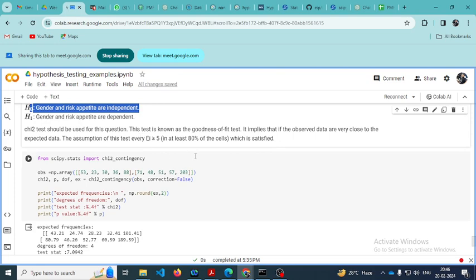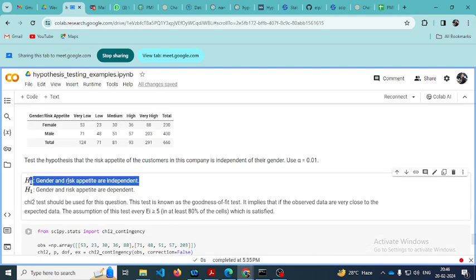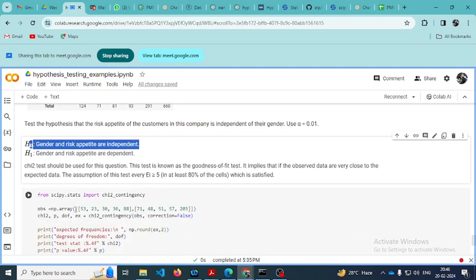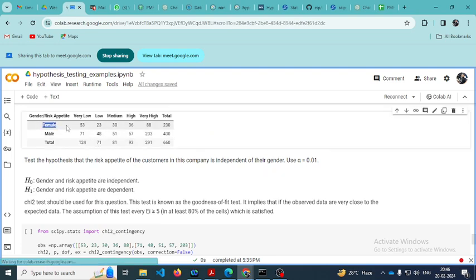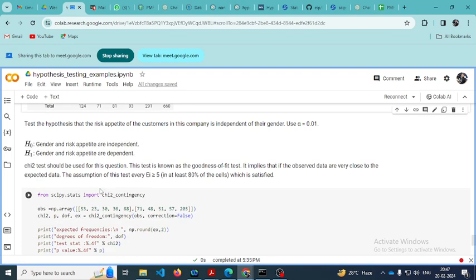So this is to test goodness of fit. You are having values from observation, for example for gender female, you are having two different values.